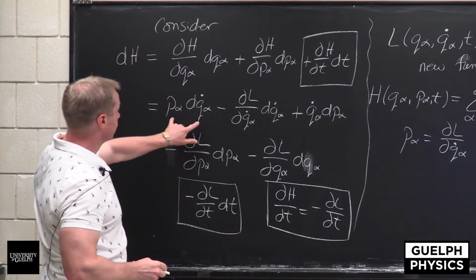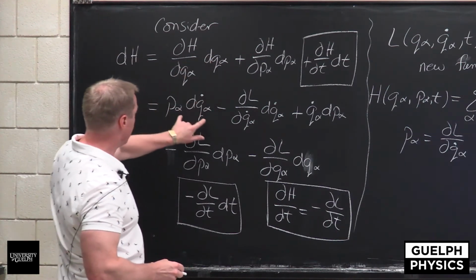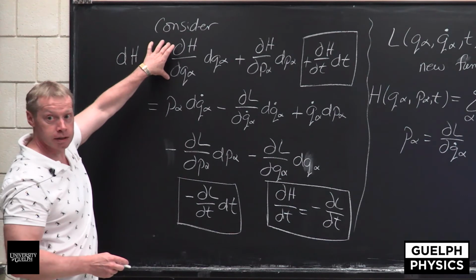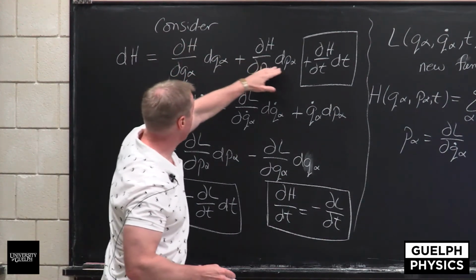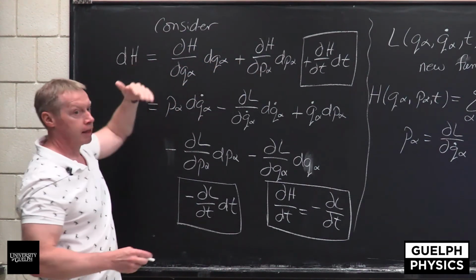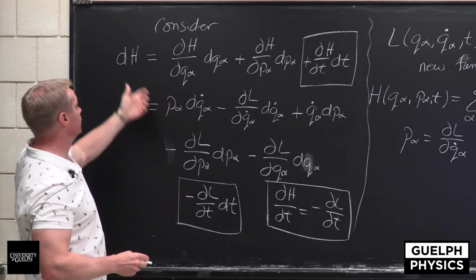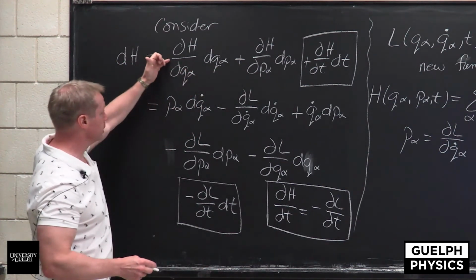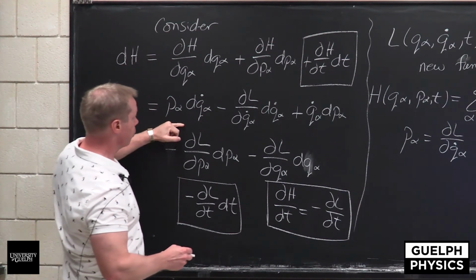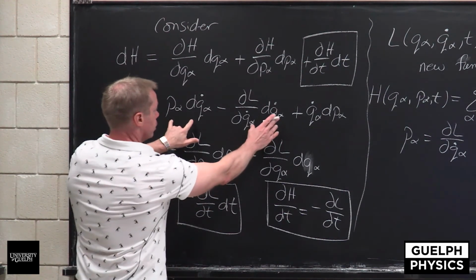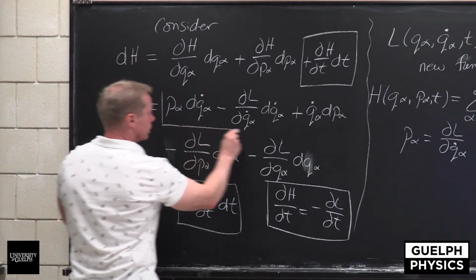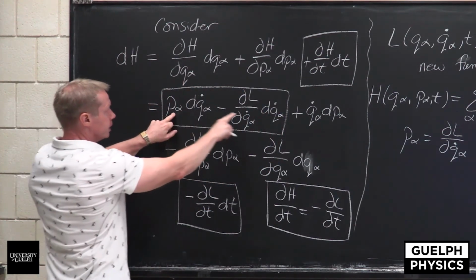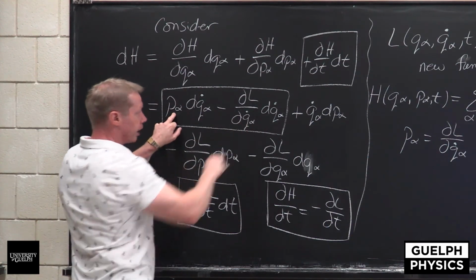Now I look at terms that involve q alpha dot. There is no dependence in this top line on q alpha dot at all. That's by definition. The Hamiltonian is never written with a velocity dependence. And so that means that the terms with q alpha dot have to vanish. But of course, p alpha is defined as dL by dq alpha dot.